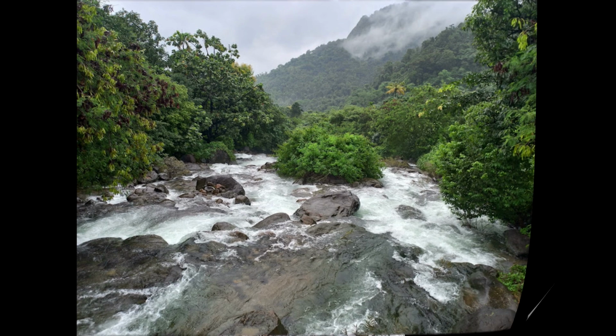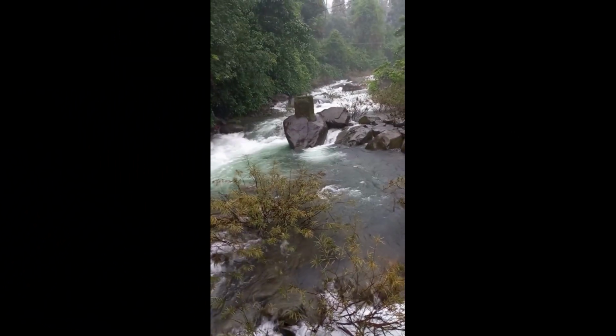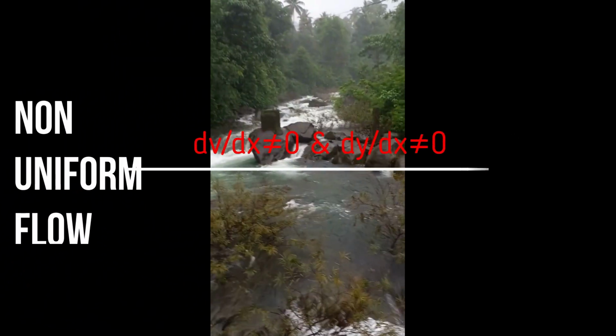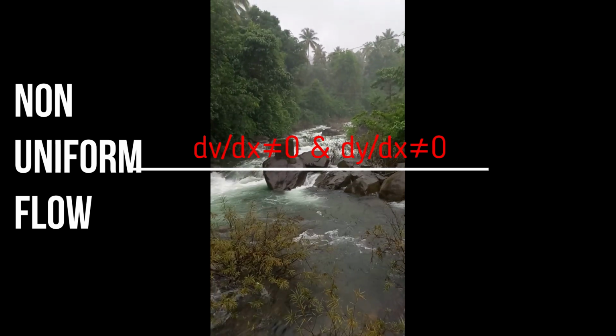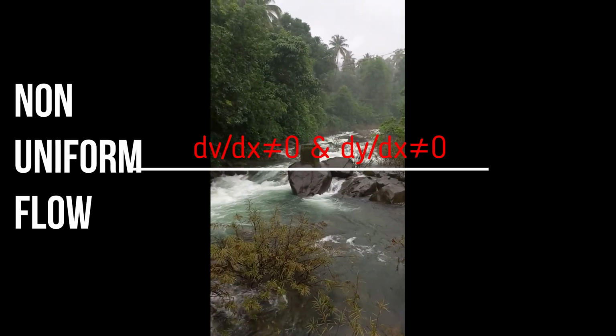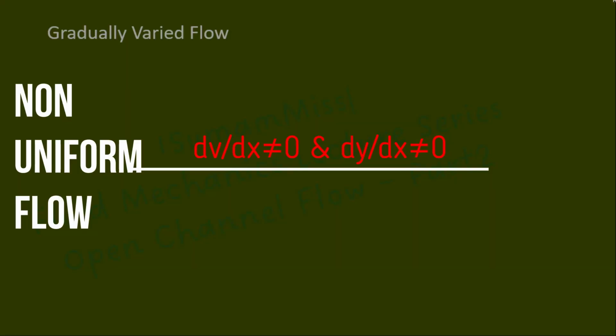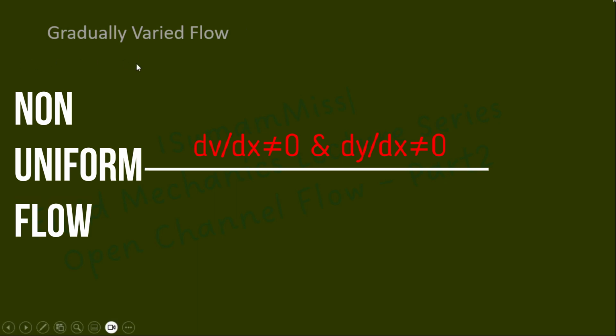Now let us discuss the cause of gradually varied flow. As we have discussed, gradually varied flow is steady non-uniform flow where the flow characteristics change in the direction of the flow. Whether this variation is at a small rate or on a large scale, it varies in the direction of the flow.